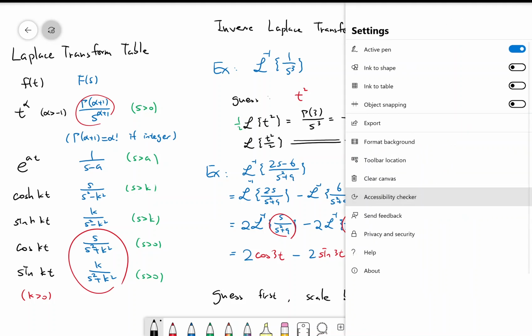Okay, so let's talk about some general theory for Laplace transform. We first have to talk about the definition.